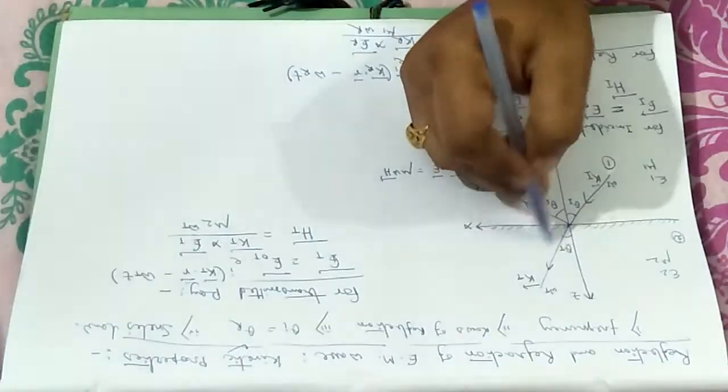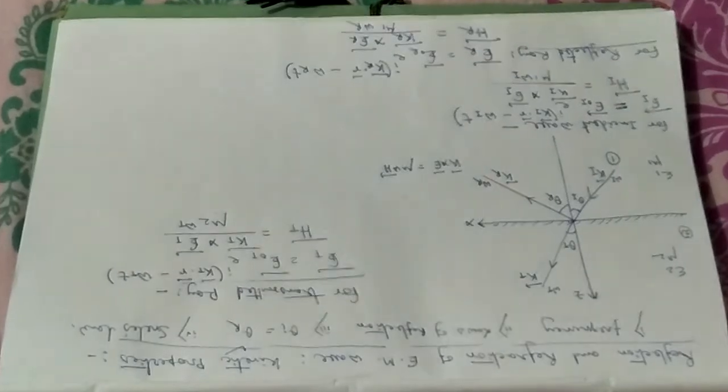Why mu 2? Because the transmitted ray is in the second medium.